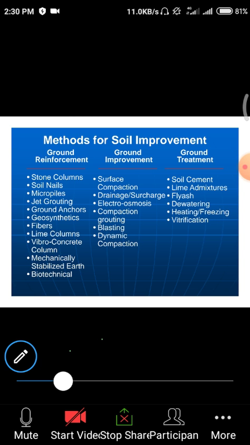Due to blasting we can improve the ground properties in only a few directions. It is not in 360 degrees; we obtain it only in a few directions, like 60 to 80 degrees around a particular point.